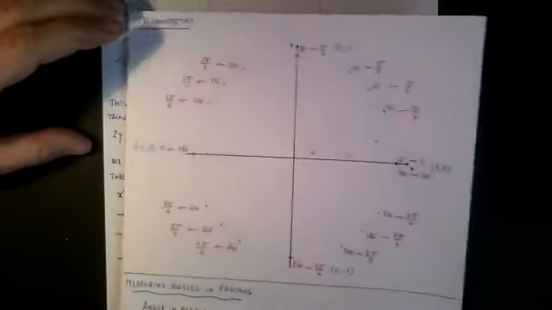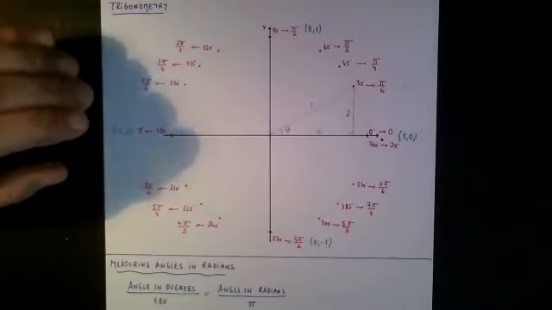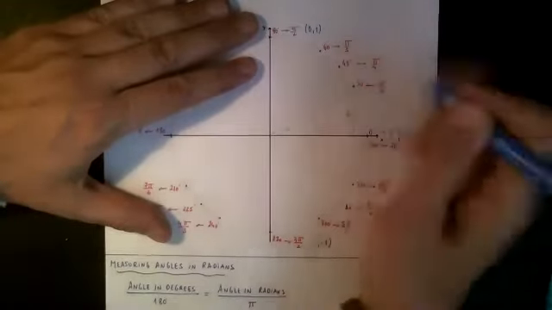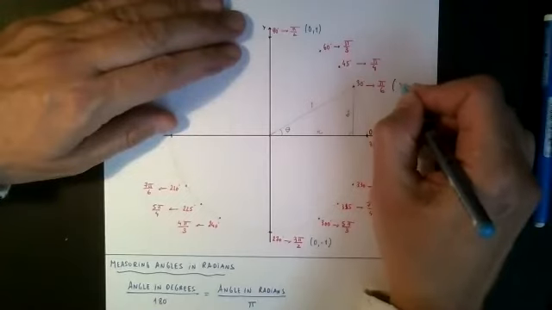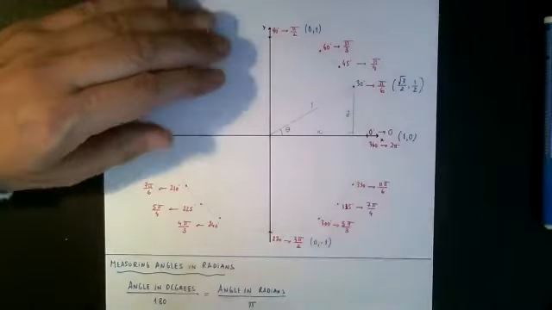You guys okay with this logic? Okay, so this is very good for us because now I could go back to my circle. I just found the coordinates here. I just found that x is √3/2 and y equals 1/2. That's very good news.